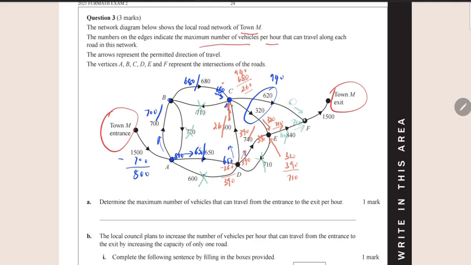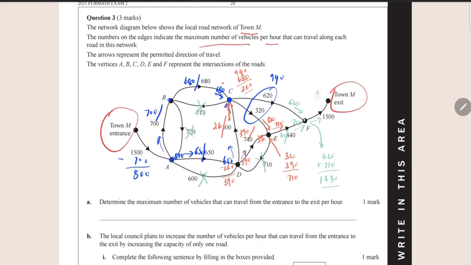One of these edges carries a maximum of 620. So the inflow at intersection F is 620 plus 710, which is 1330. Now, is it possible for 1330 to move through this particular edge? Yes, because its capacity is 1500.